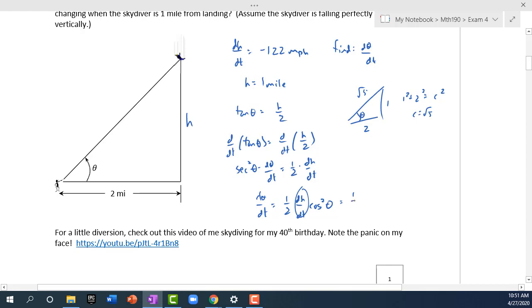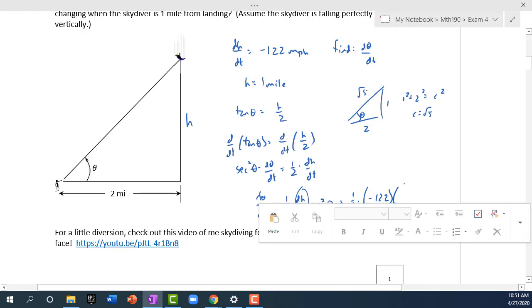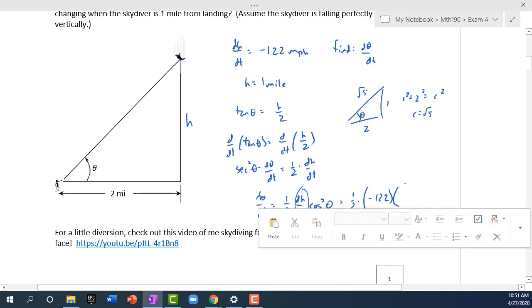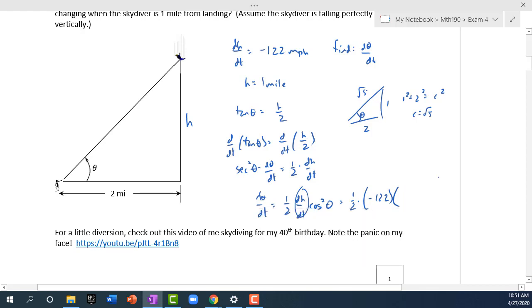So I think we can do cosine now. 1/2 times dh/dt, which is negative 122, and then cosine is adjacent over hypotenuse, but then we have to square that. Half of negative 122 will be negative 61, times 4 over square root of 5.